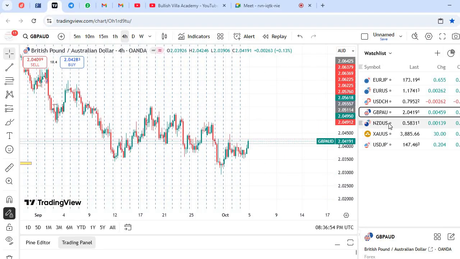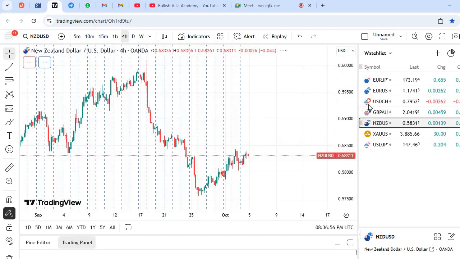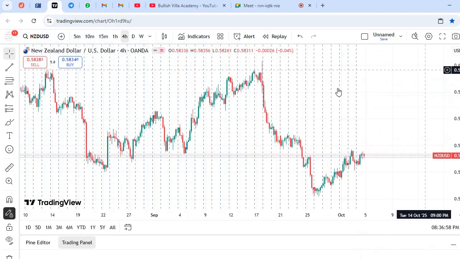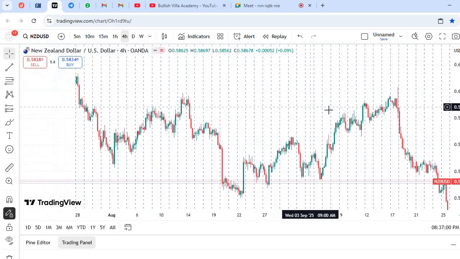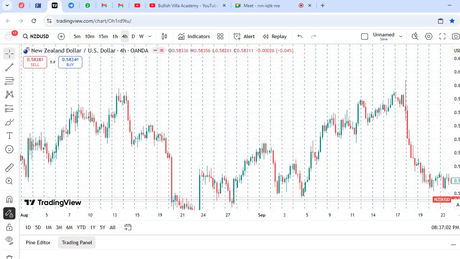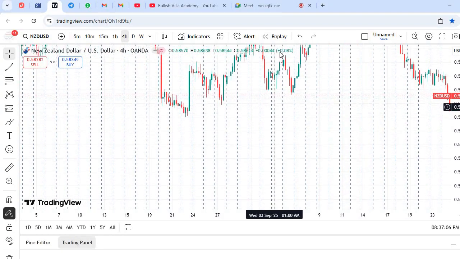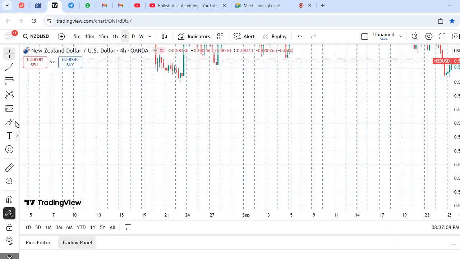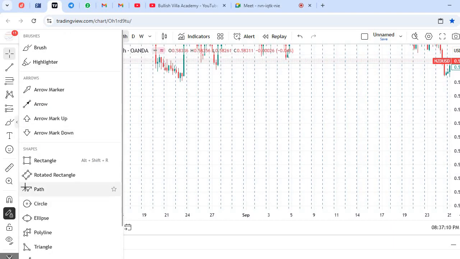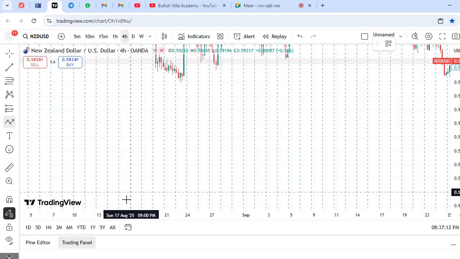Now let me use NZUSD. Alright, please can you still see my screen? Is it clear enough? Yes, sir. Alright, so yesterday we looked at break of structure. This is an uptrend.